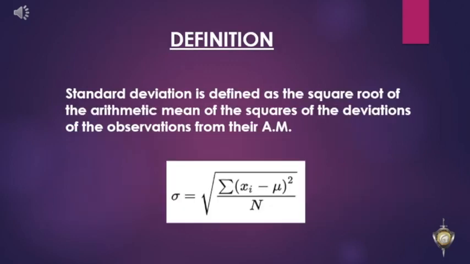Now let's look into the definition of standard deviation. Standard deviation is defined as the square root of the arithmetic mean of the squares of the deviations of the observations from their arithmetic mean mu.